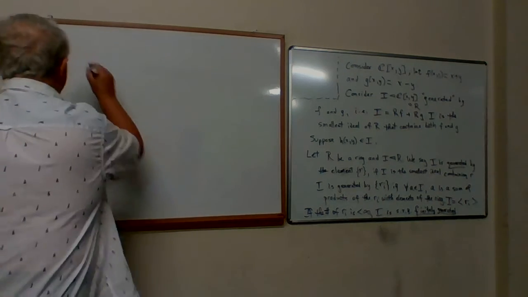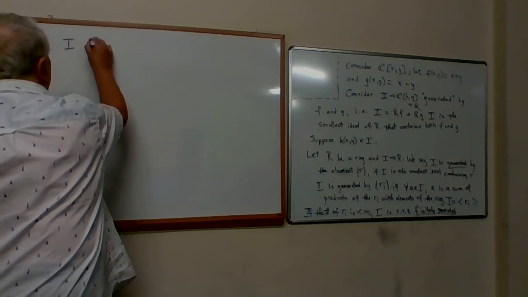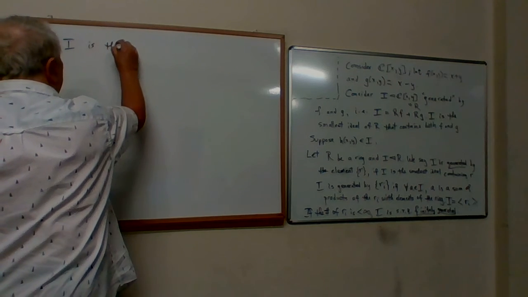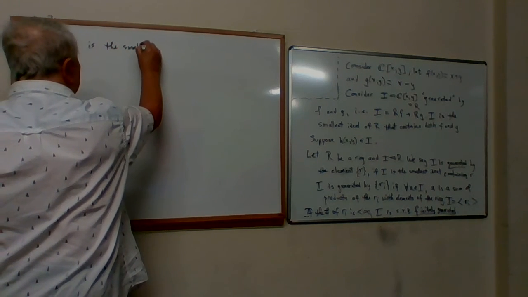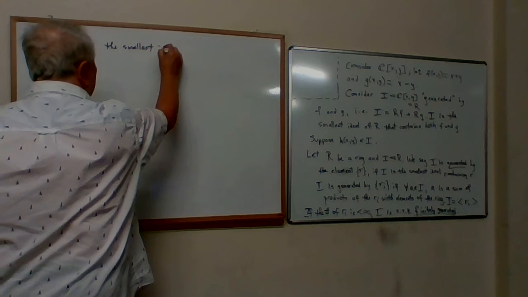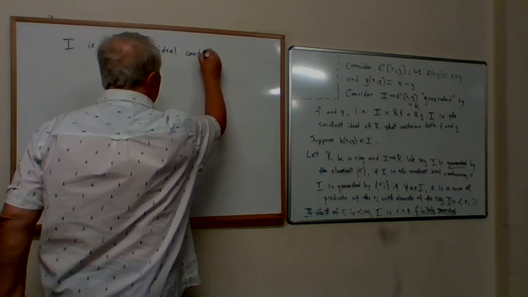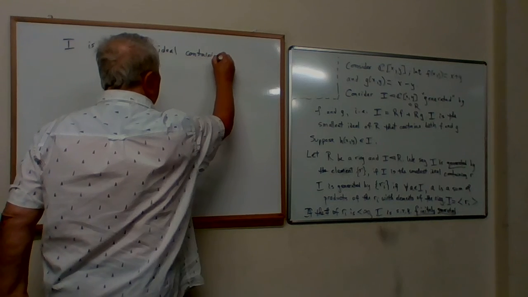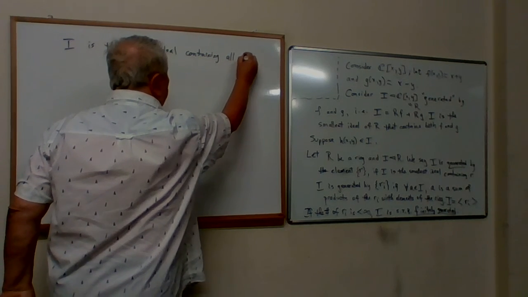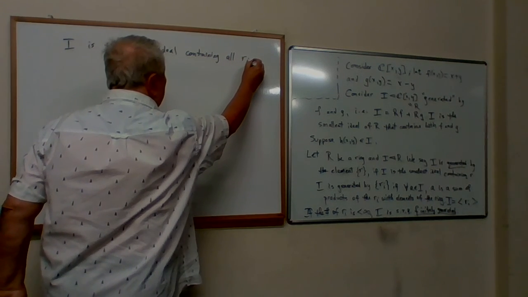And of course, I is the smallest ideal containing all the r sub i's.